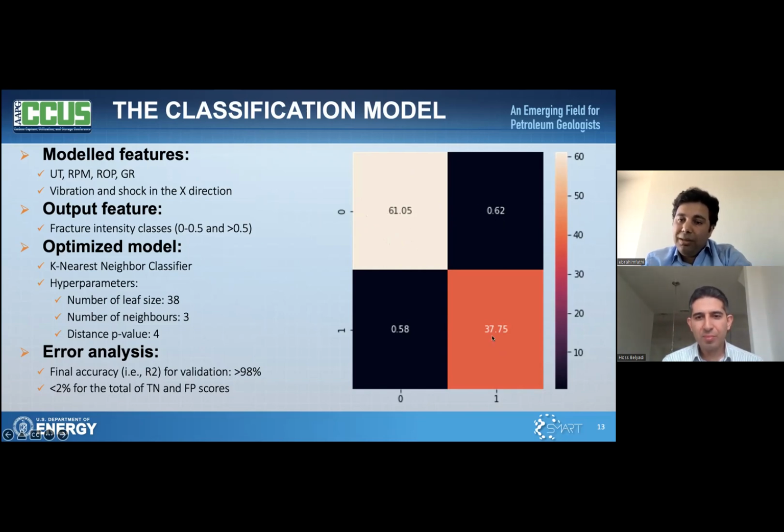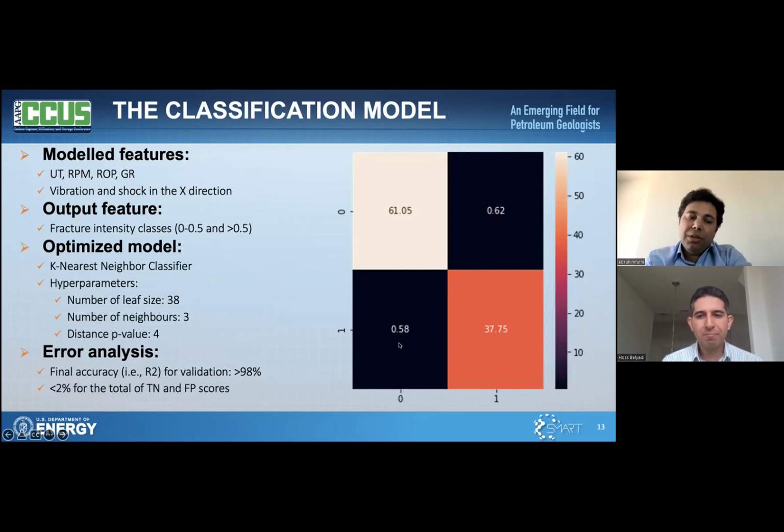And the same for the other class. The summation of these two diagonals, 61 plus 37, is basically the total accuracy of the model in predicting both classes. Very high. And this is the error, very low error.